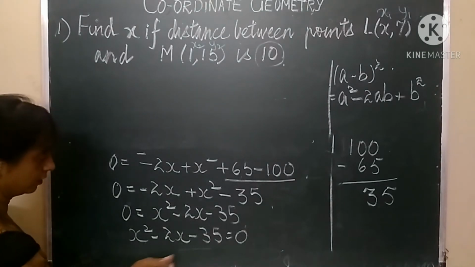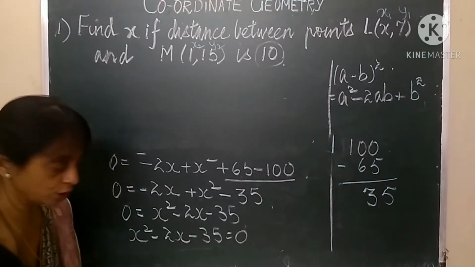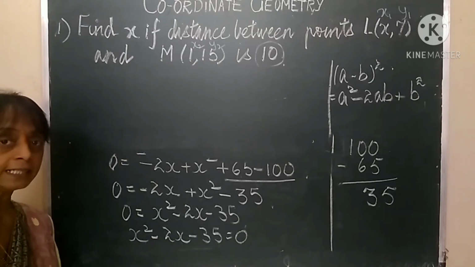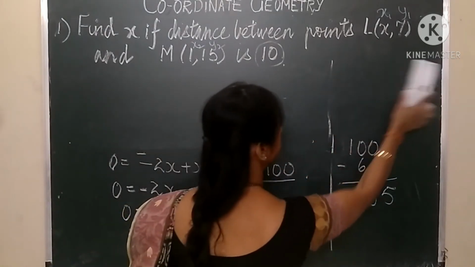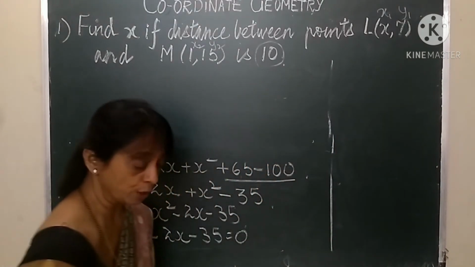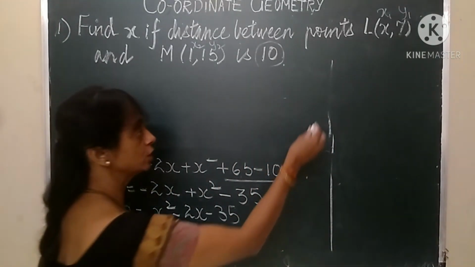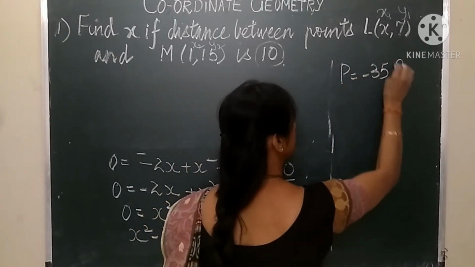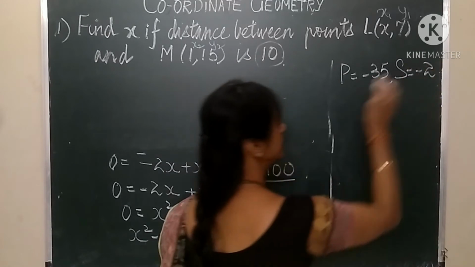So over here, the product of two numbers should be minus 35 such that the sum gives us minus 2. So which pair will you choose which satisfies both the conditions, such that the product is minus 35 and the sum is equal to minus 2?